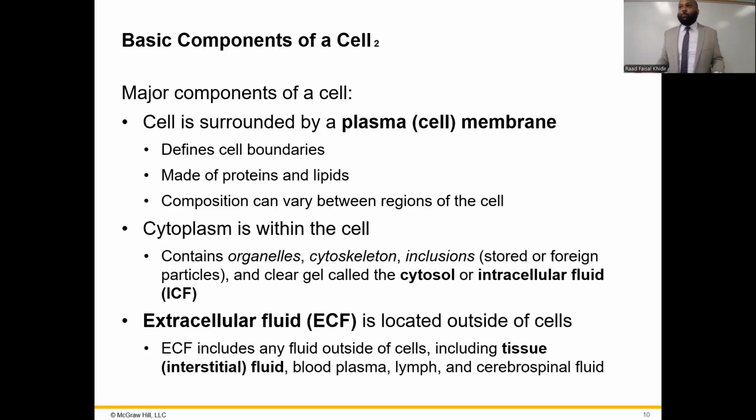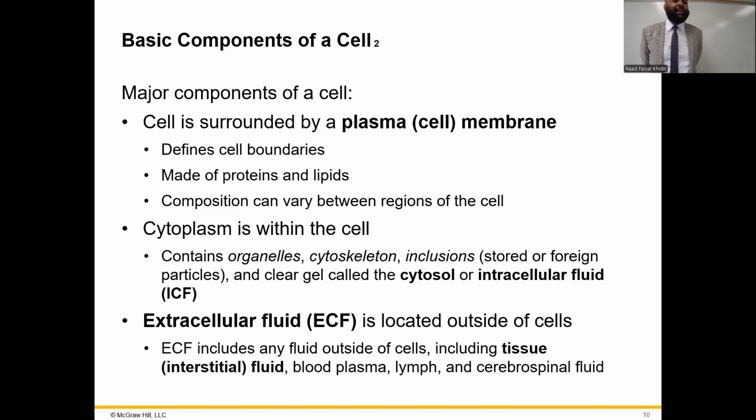Phospholipids, peripheral proteins, transmembrane proteins, the gated channels, the carriers, and then you have the cytoplasm and everything that's in it. The cytoplasm has your cytosol, your mitochondria, your organelles, the ribosomes, and your endoplasmic reticulum.